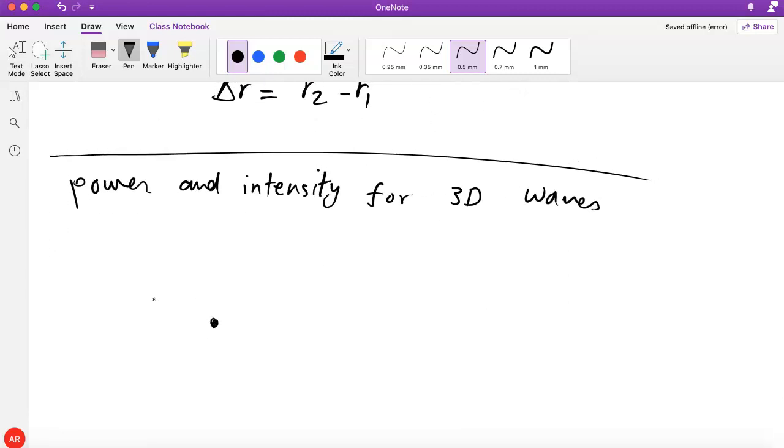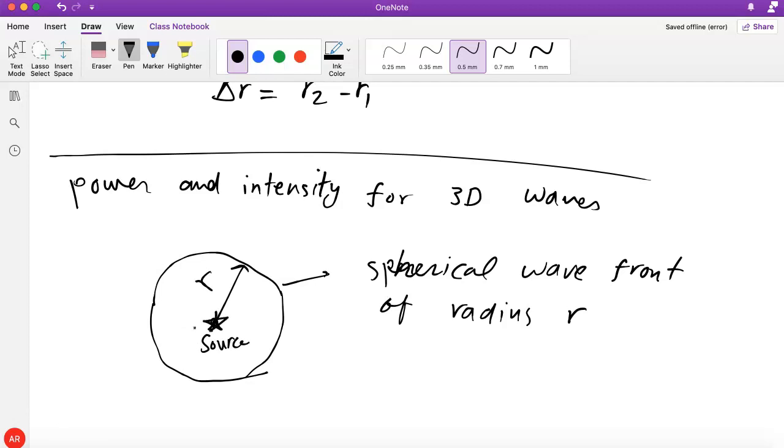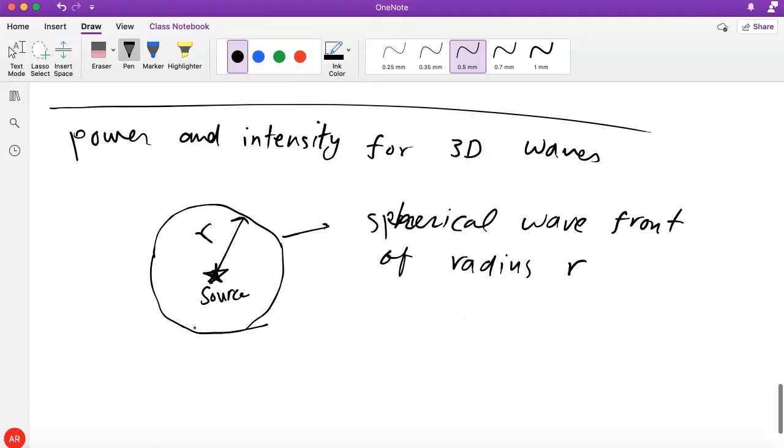Right, so let's say that's our source, and that's a spherical wavefront of, let's say, radius r. Okay, so the source is emitting a certain amount of energy per second, right?